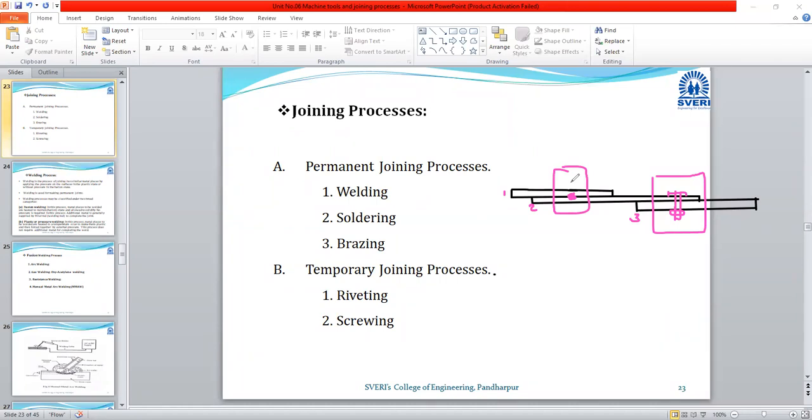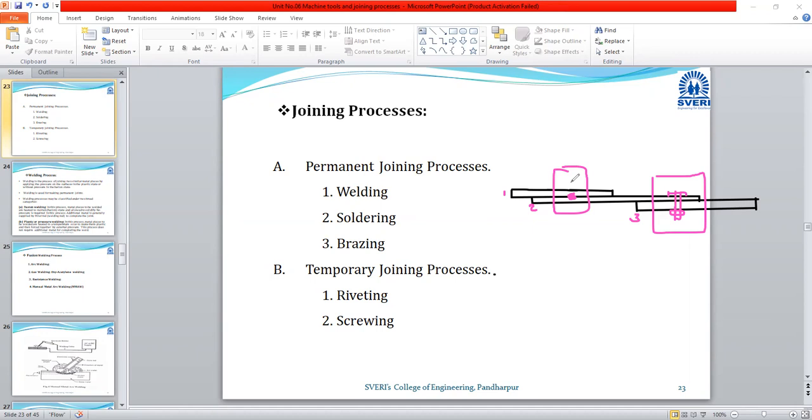And if you observe the second, then we can disassemble this nut and bolt arrangement and easily move plate 3 from plate 2. So this joining is the temporary joining process. Okay.